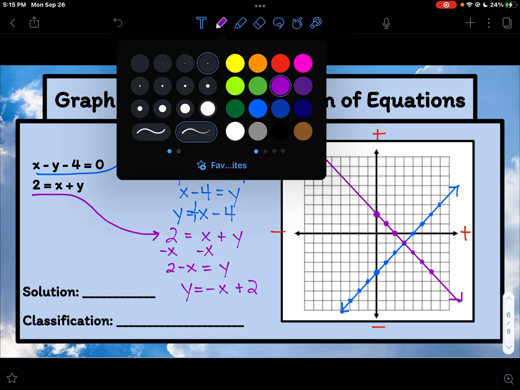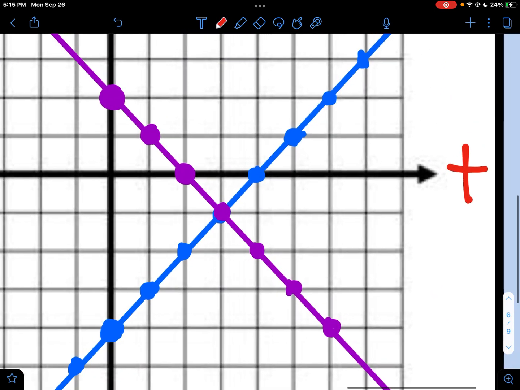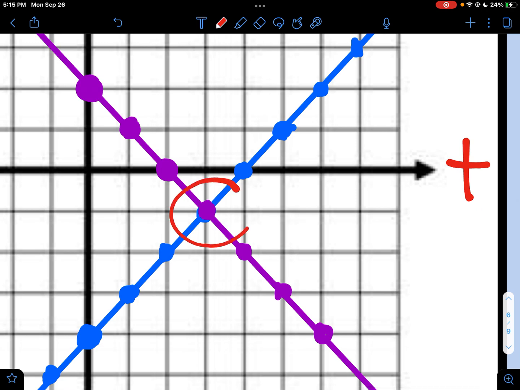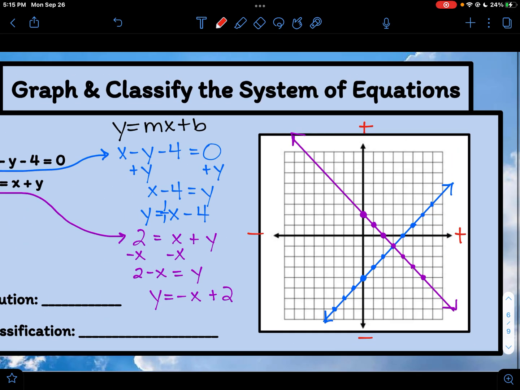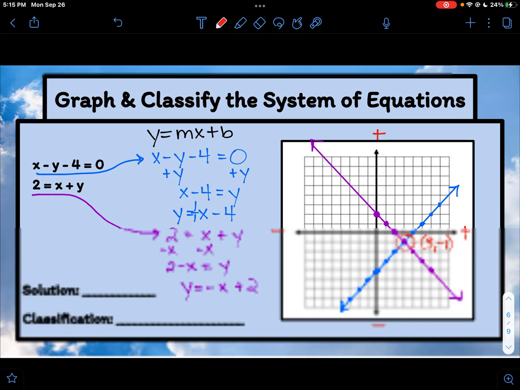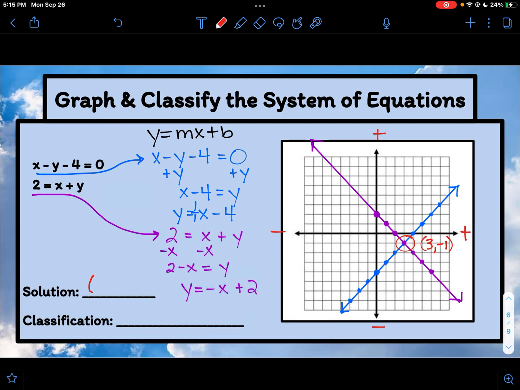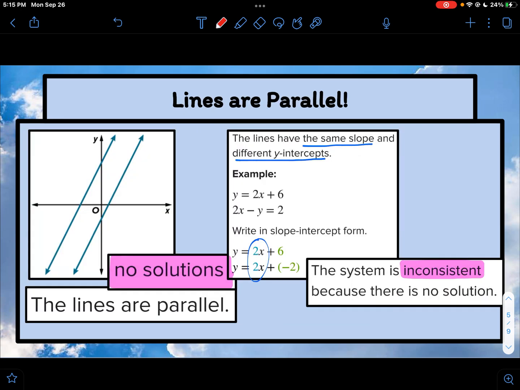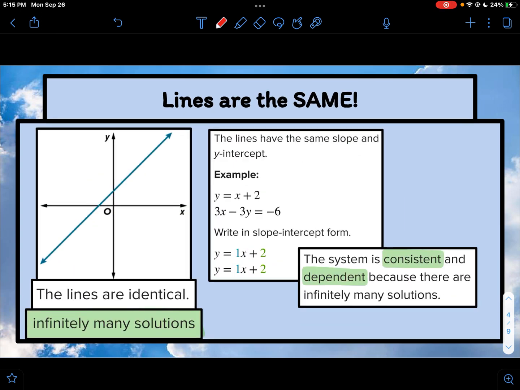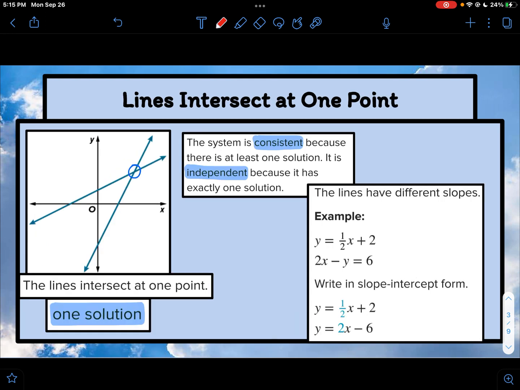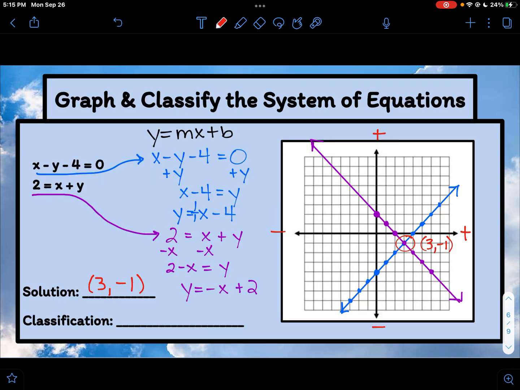So I see my solution now is at (3, -1). So I'm going to write that over here. And then, okay, so this has one solution. So I'm going to look back at my notes. One solution is consistent and independent.